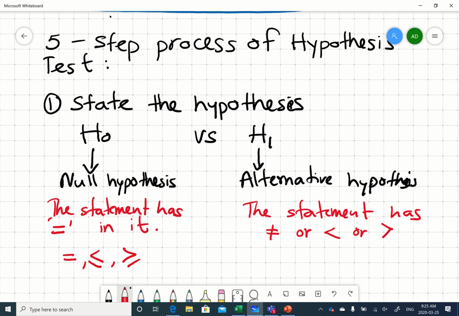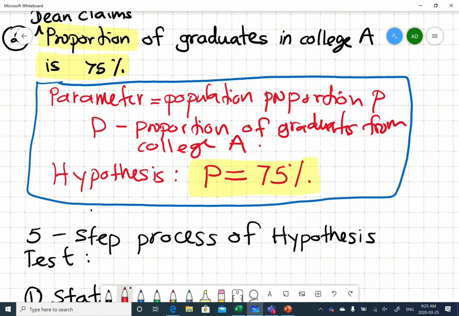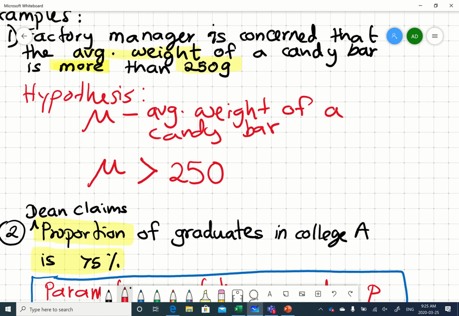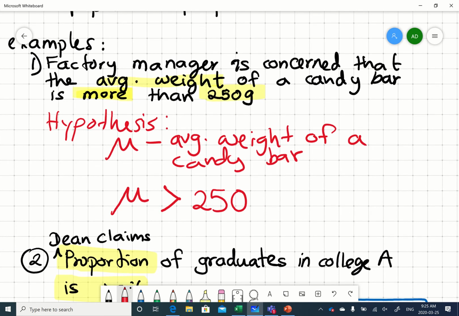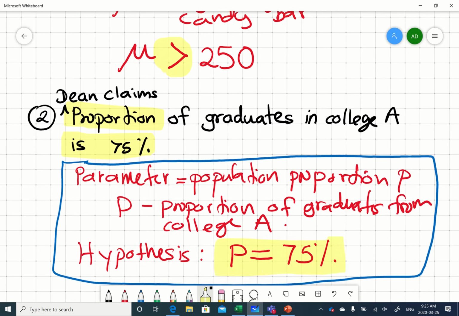So if I go back to those 2 that we built up here, the factory manager is concerned that the average weight of a candy bar is more than, so the sign is greater than, this is what we have, right? So greater than means this is an alternative.